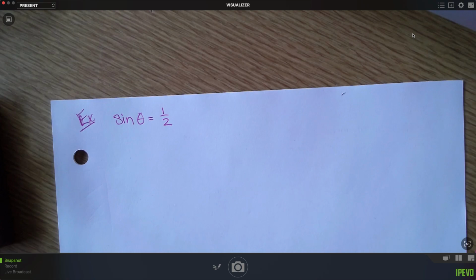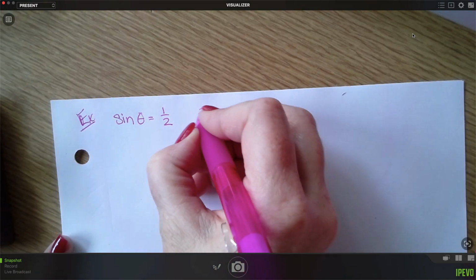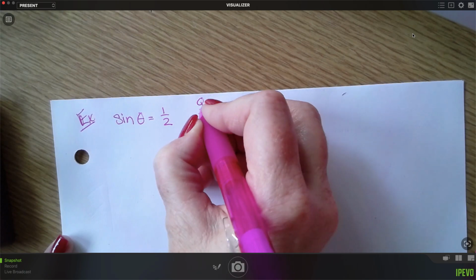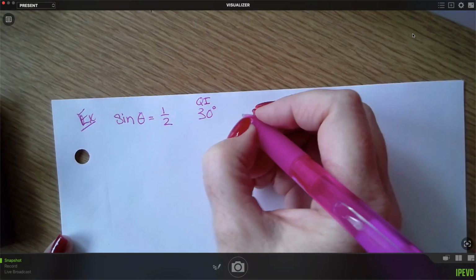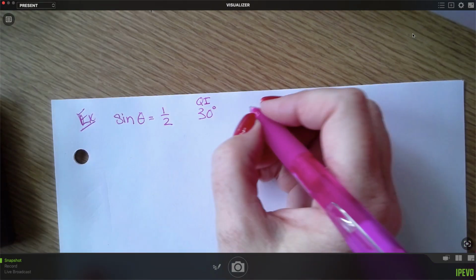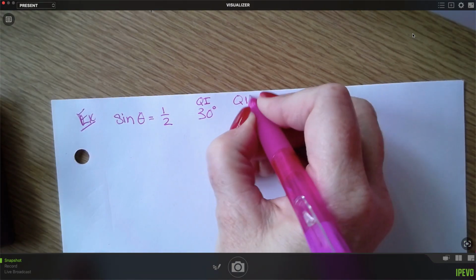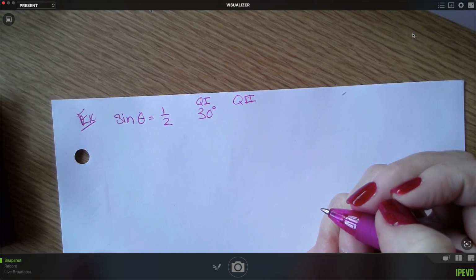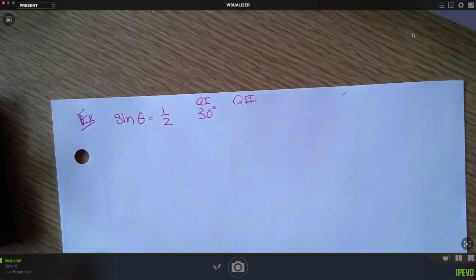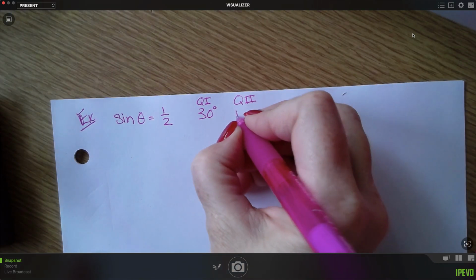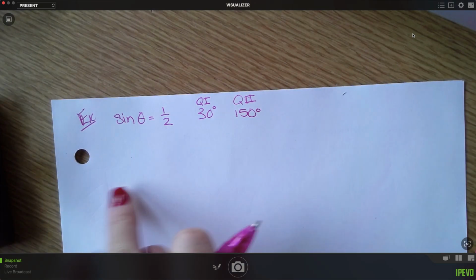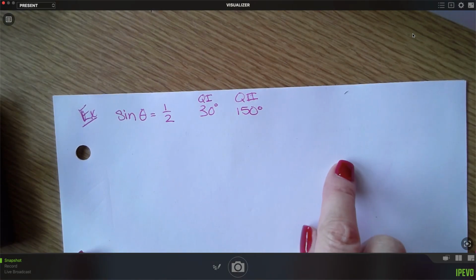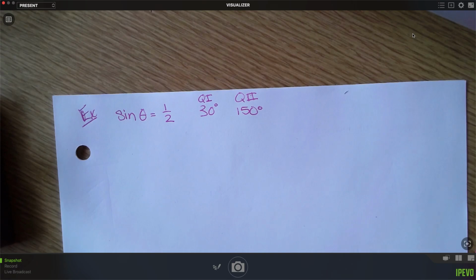So what angle is opposite of 1 in your triangles? 30. So it's a 30-degree angle in the first quadrant, right? And in the second quadrant, what angle? 180 minus 30. 150. Okay, so that's what you've done in the past, right? But quadrant 2 doesn't exist anymore. So only 30.